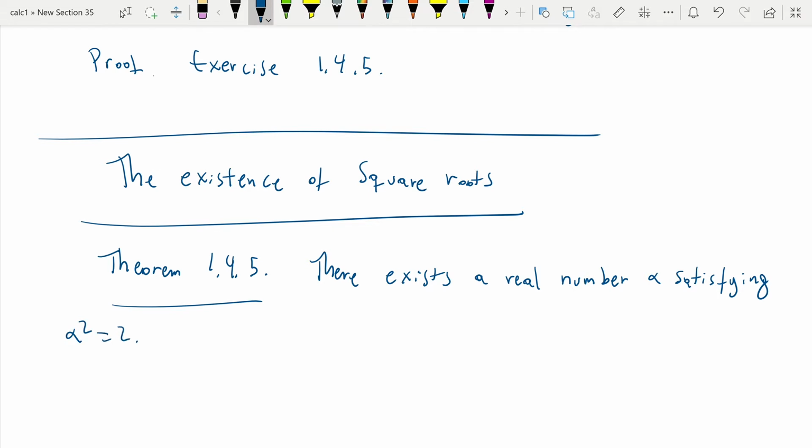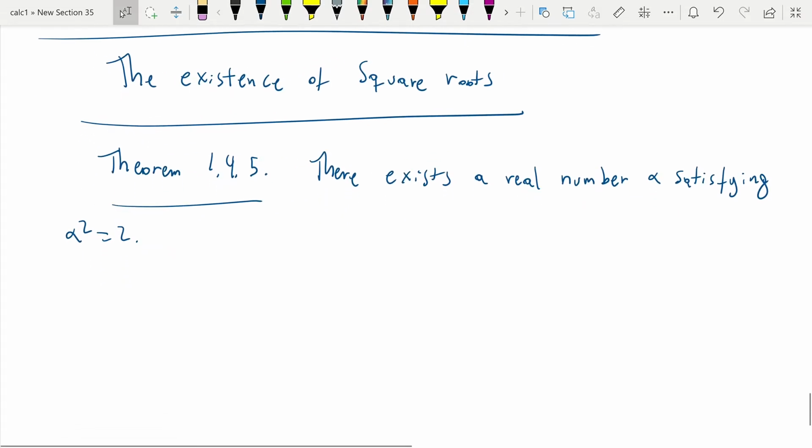Remember, a number whose square is equal to 2 is the square root of 2. So there's a square root of 2. As I said, if you look at the proof carefully, there's nothing special about the number 2 here. We can replace it by any given real number, again, a non-negative real number.